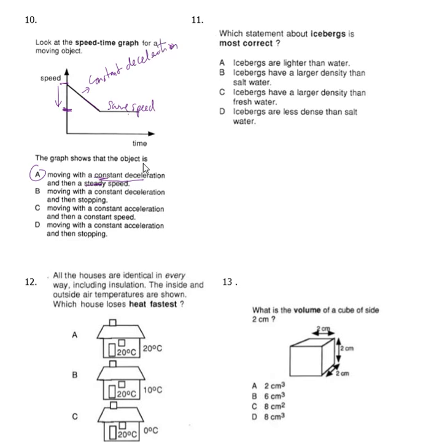Okay, again, deceleration. Now, which one is correct about icebergs? Icebergs are lighter than water. Is that correct? No, they're not lighter than water. Icebergs have a larger density than water? No. If they have a large density, they're going to sink. It has a larger density than fresh water? No. Icebergs are less dense than salt water. Yes, because if you remember, we got the sea, we got the iceberg there.